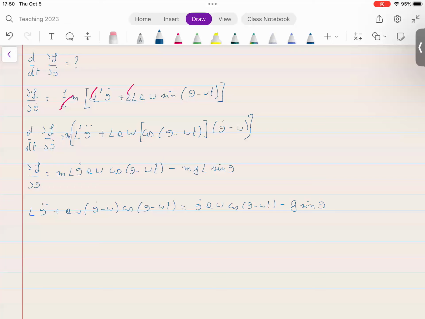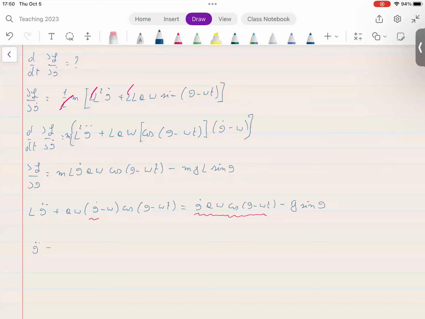Next step, we're pretty much done. But if you notice, this term here is identical to this term here. And they have the same sign on the opposite side of the equal. So I can get rid of them. And I can, at this point, pretty much solve for theta double dot if I'm so inclined, and sure, why not?